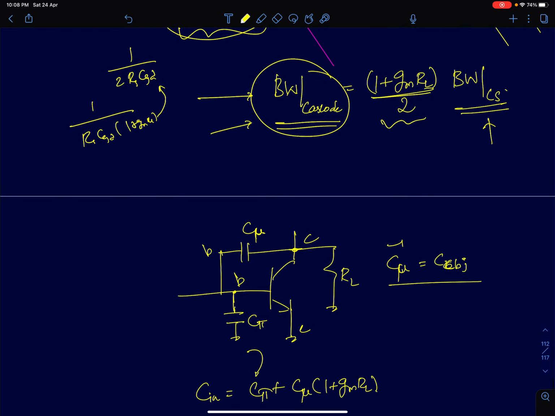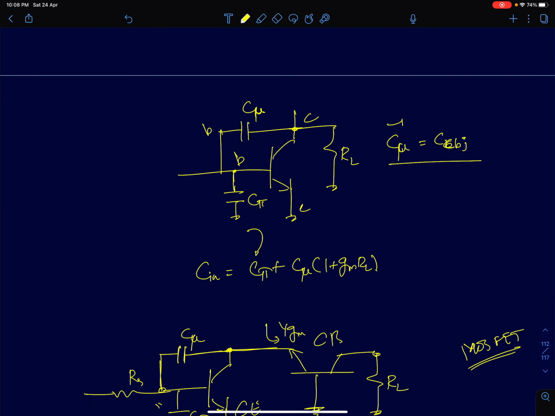Now to quickly extend it the same way to the BJT, I can explain it similarly for a bipolar junction transistor as well. In a BJT we have C pi, like a gate to source capacitance, it's your diffusion capacitance. C mu here is the base collector reverse biased PN junction capacitance. Now the C mu capacitance will be Miller multiplied by a factor of 1 plus GMRL.